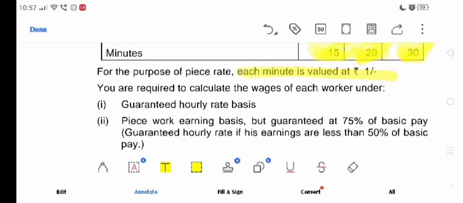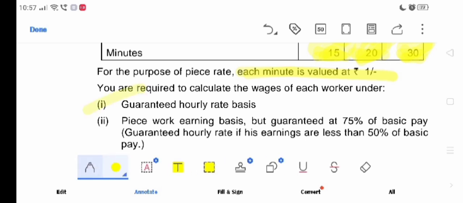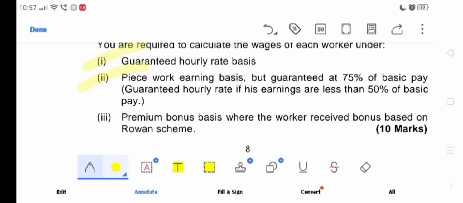So you are required to calculate the wages of each worker under guaranteed hourly rate basis, piecework, and under the Rowan scheme. You need to calculate the premium bonus, along with the earnings under the Rowan scheme, piecework and guaranteed hourly basis.